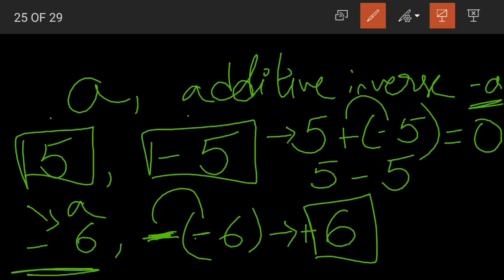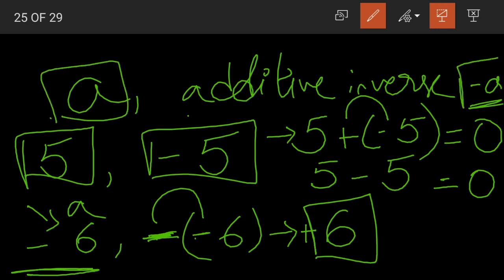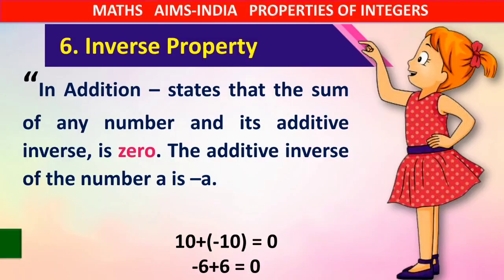When we subtract 5 from 5, we get the answer 0. So for a given integer a, the additive inverse is minus a, and for a given integer minus a, the additive inverse becomes a. Understood? The reverse. If we have a, then the additive inverse is minus a. If we have minus a, the additive inverse is a. Okay?